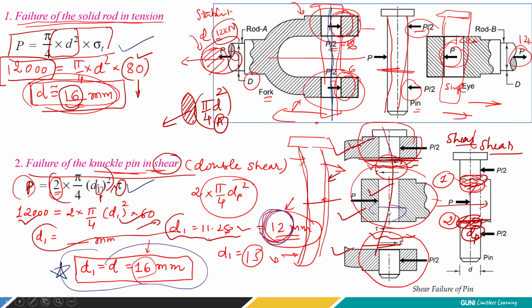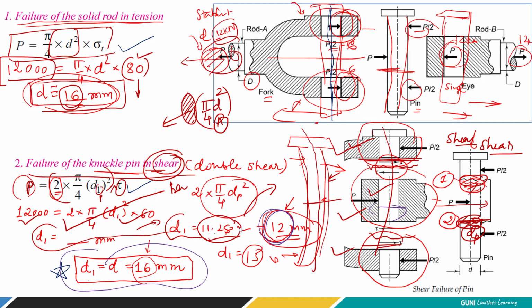So here we need to make the knuckle pin safer in both failure situations. One is shear failure, second is bending. But in this case only shear is taken care of. But what about the bending? So what we are doing, we are simply increasing the dimension 11.28. We are taking a higher value so that we rest assured that it is also not going to fail in bending.